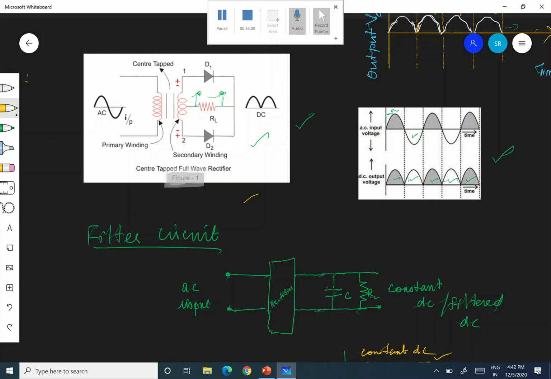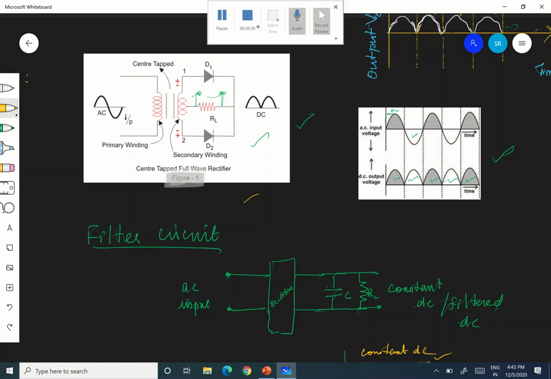You are plugging into AC only, but what you get out is voltage: 2 volts, 4 volts, 6 volts, 8 volts, like that you will get DC. The input is AC, but you get DC voltages.